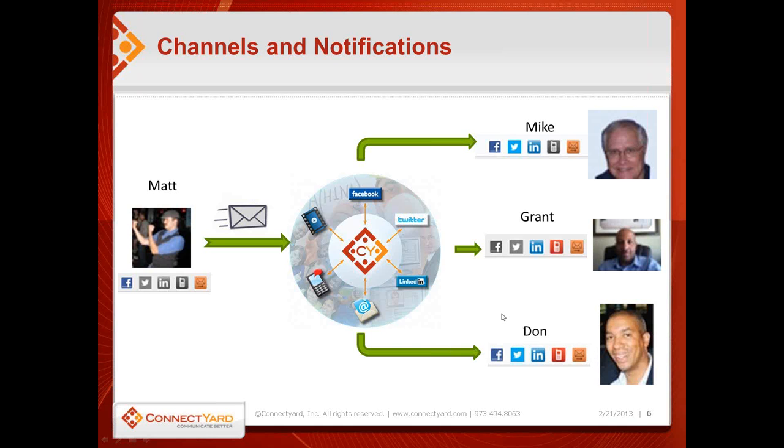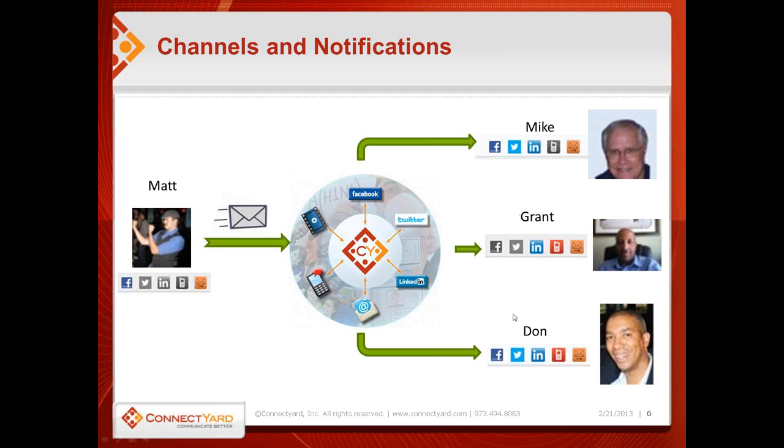But we allow the users to actually configure that and customize it. So certain notifications or certain groups or yards that users deem more important, they can decide to turn more communications on, but others, they can just opt for Facebook and email, for example, which is what I have set up for this particular case. And it works for replies as well.